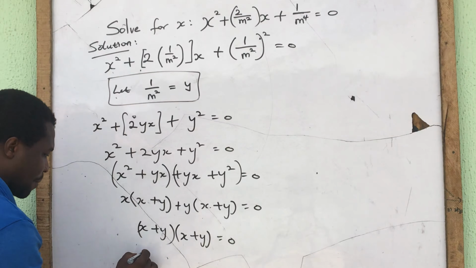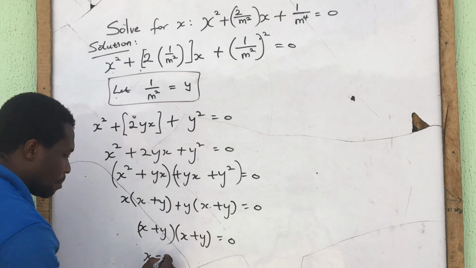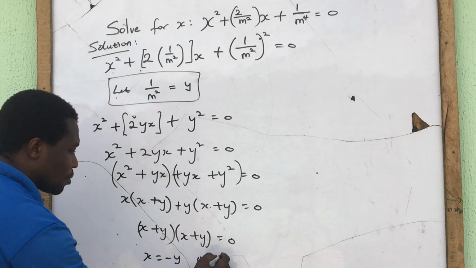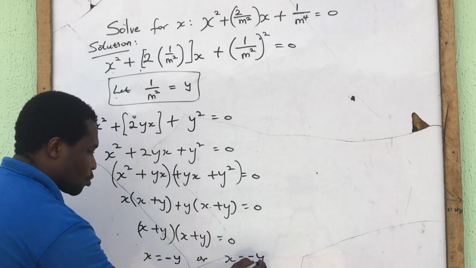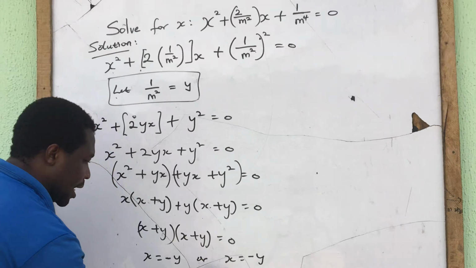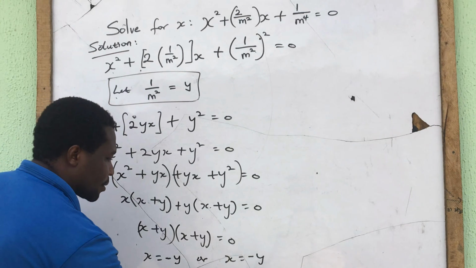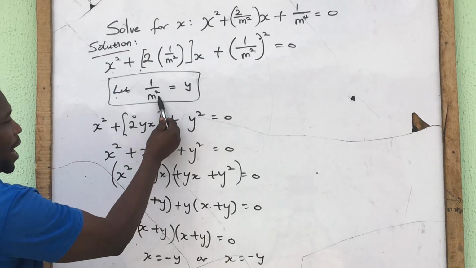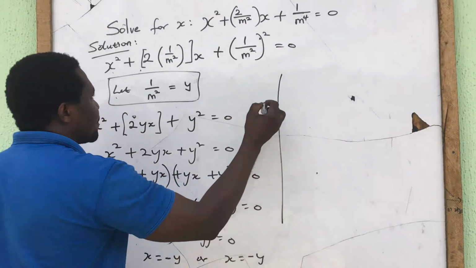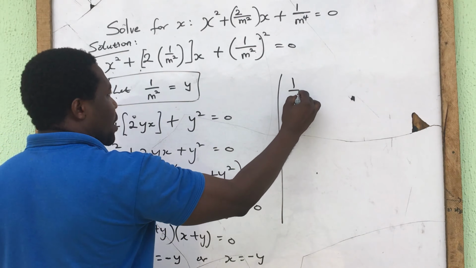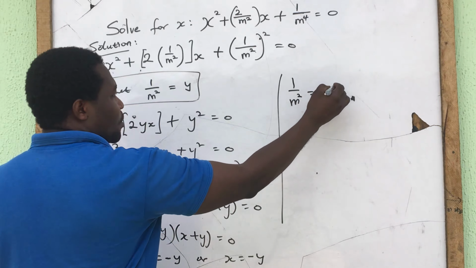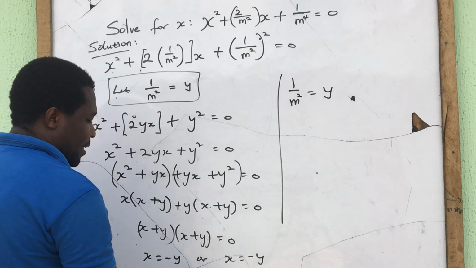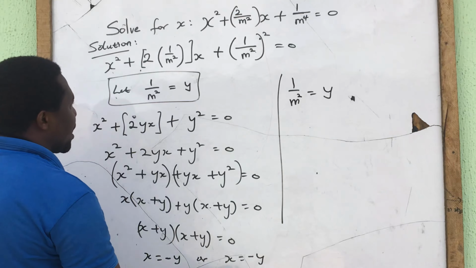So therefore from here now, x equals minus y, or x equals minus y. So you can see that x equals minus y twice. But remember, y equals 1 over m squared. So we have x equals minus y.